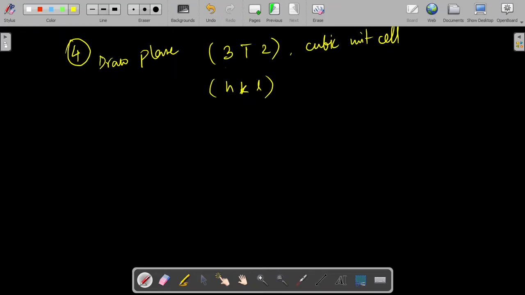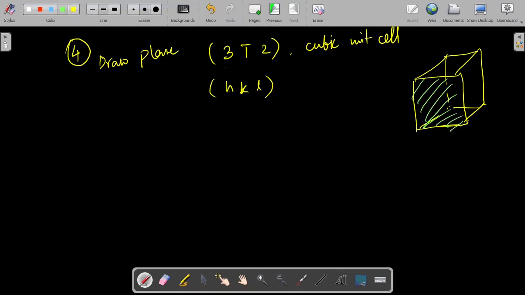By finding the intercepts of the plane on the 3 axes, x, y, z, and then taking the inverse of the intercepts, and that's how you find out the HKL. For example, if this is your cubic unit cell, and you are considering this plane. This is your x, this is your y, and this is your z.